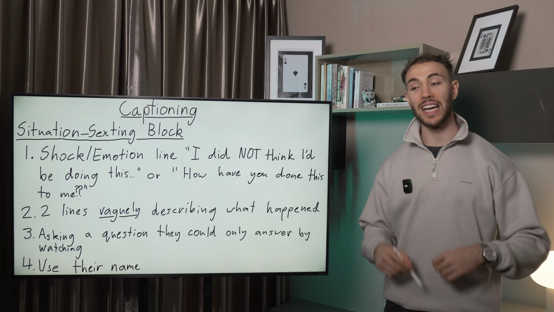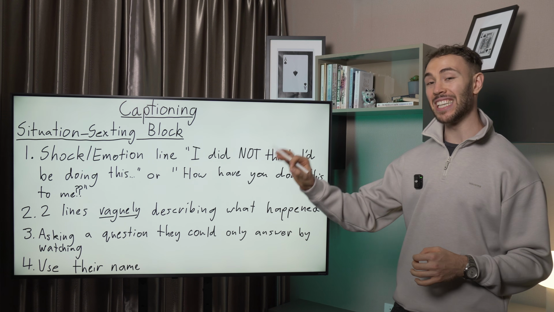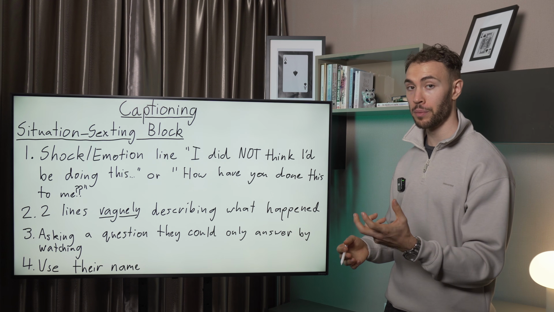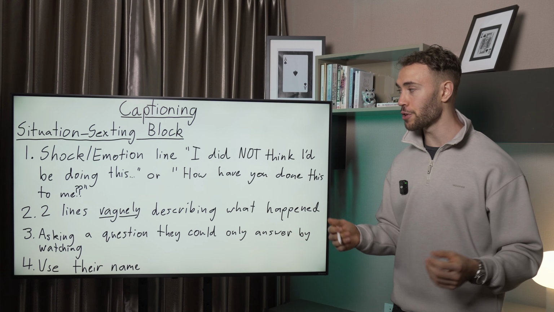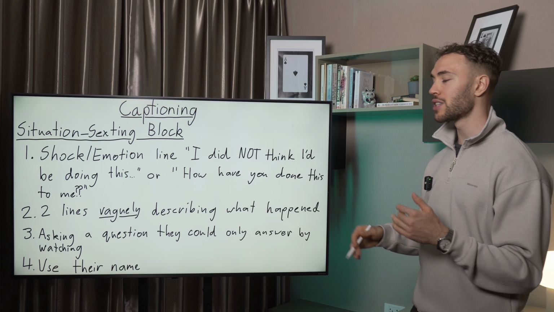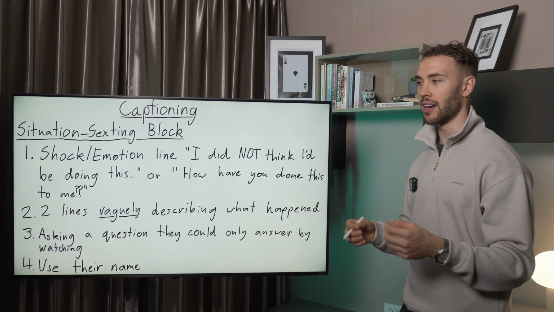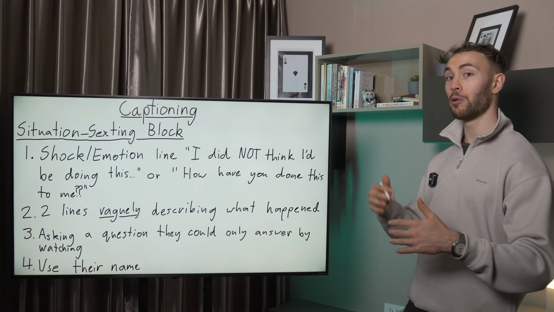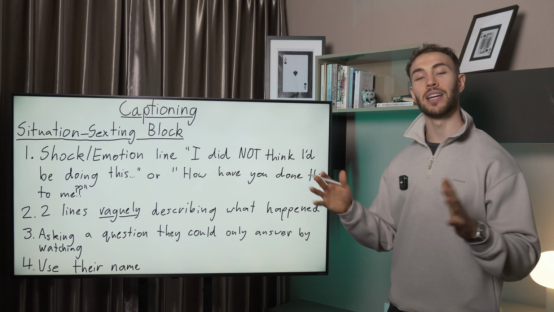Now, if the block leading up to your pay-per-view was situation sexting, so you're literally hyping up what you're about to do, you can be a bit more direct. What you can do is for the first line, use a shock or emotion line. Something like, I did not think I'd be doing this, or how have you done this to me? Just to seem enthusiastic.